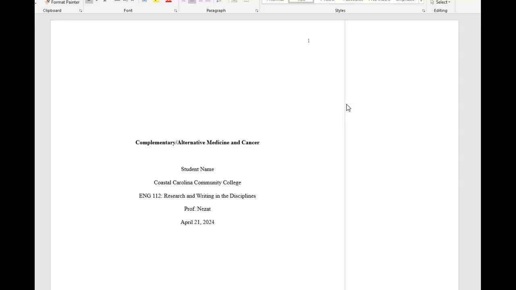The point of including this particular feature is for you to learn how to do it. That's the same reason why I'm including the abstract, so that you will learn how to write an abstract and where to place it within an APA formatted paper.